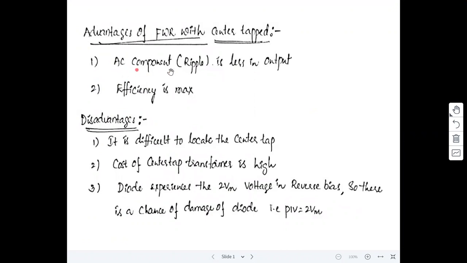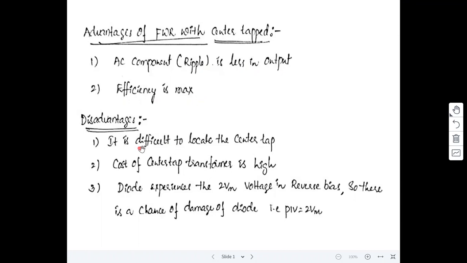Coming to the advantages, the AC component or ripple factor is less in the output compared to the half wave rectifier. Here the half wave rectifier AC component is 1.21, whereas here it is 0.48. And efficiency is also maximum, slightly more than 80%, right?